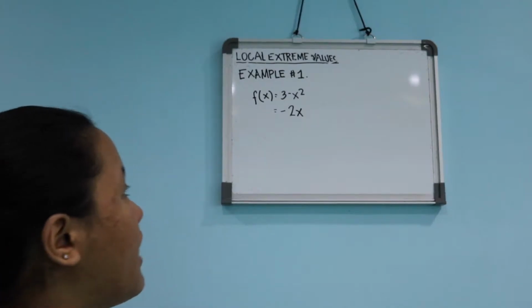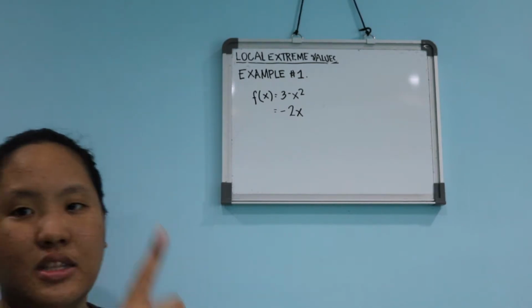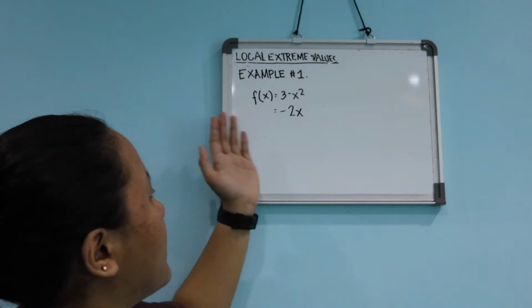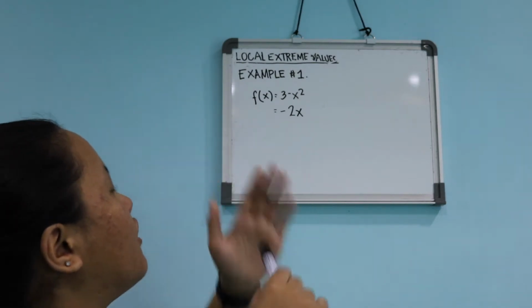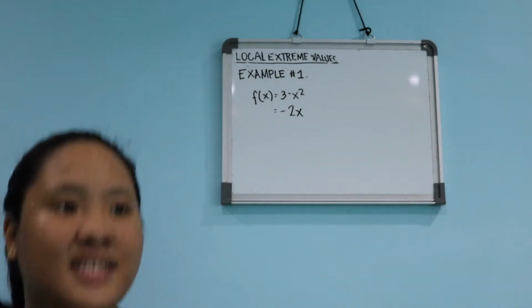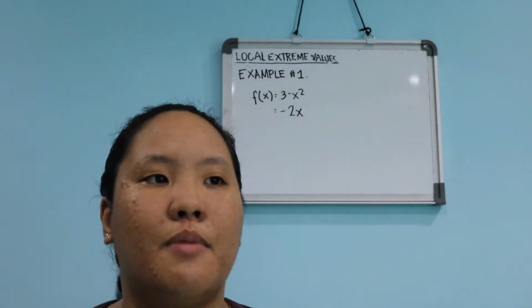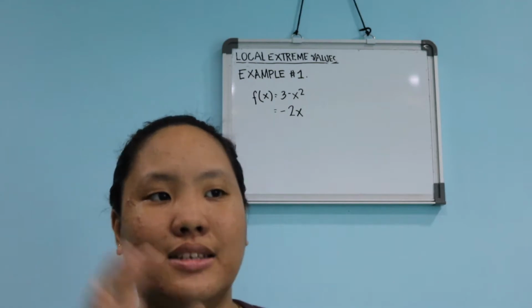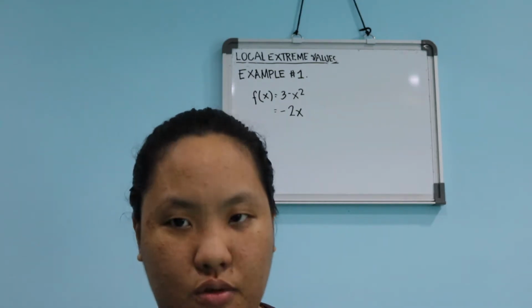And we have found our critical point, which is derived from our function. The derivative, negative 2x, exists everywhere, and f prime of x is equal to 0 at x equal to 0.